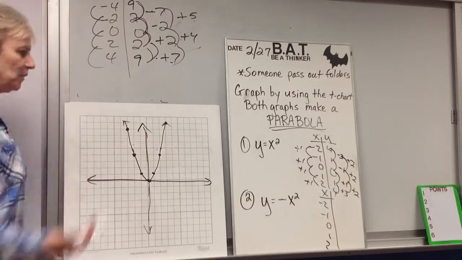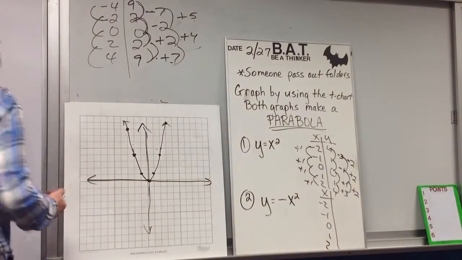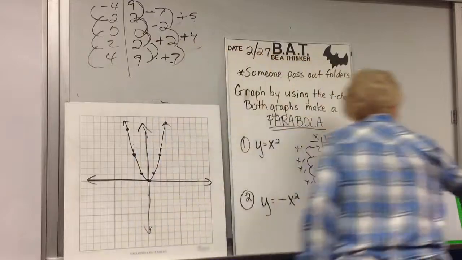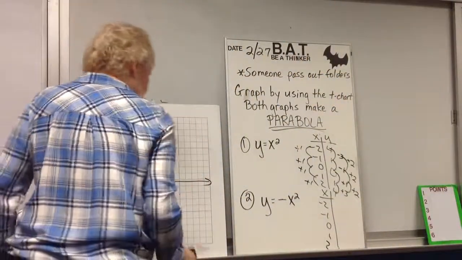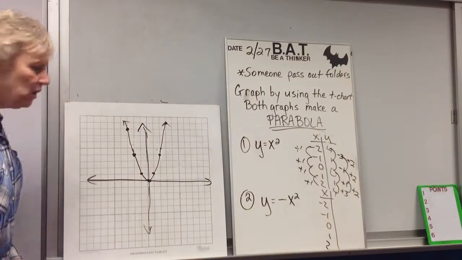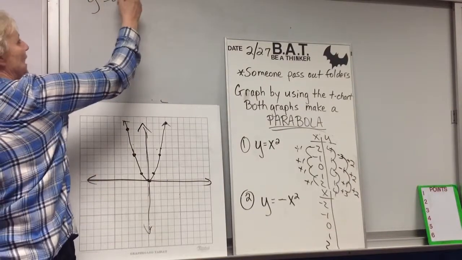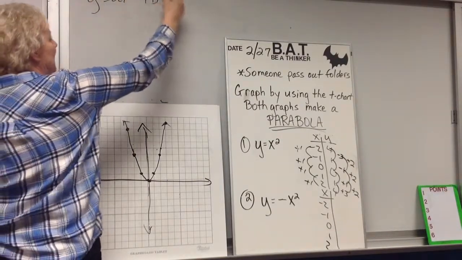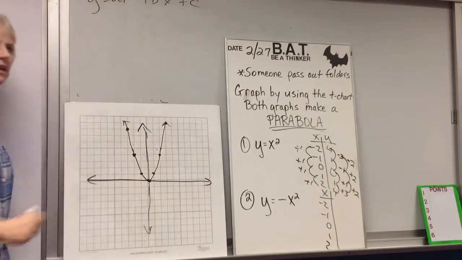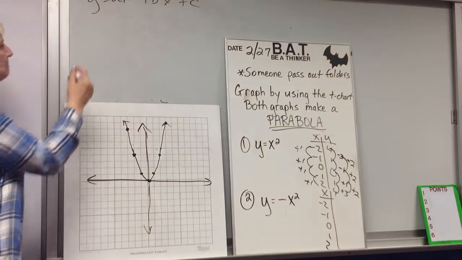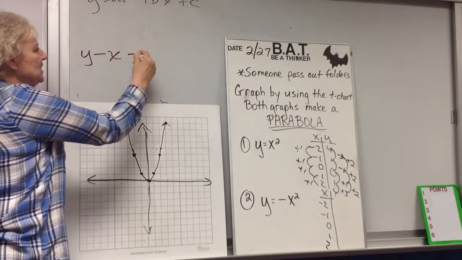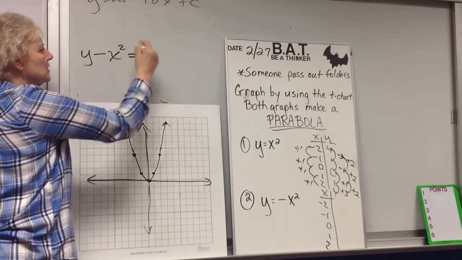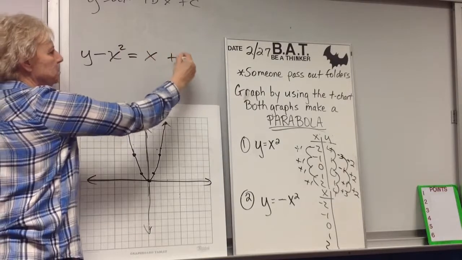All right? The other way to tell if it's quadratic is just to look at an equation. All right? Let me give you some equations. If you can make it look like y equals ax squared plus bx plus c, it's quadratic. Example. Y minus x squared equals x plus 5.